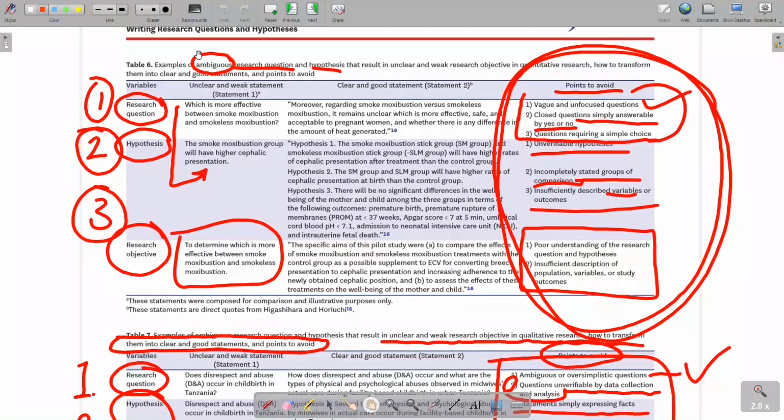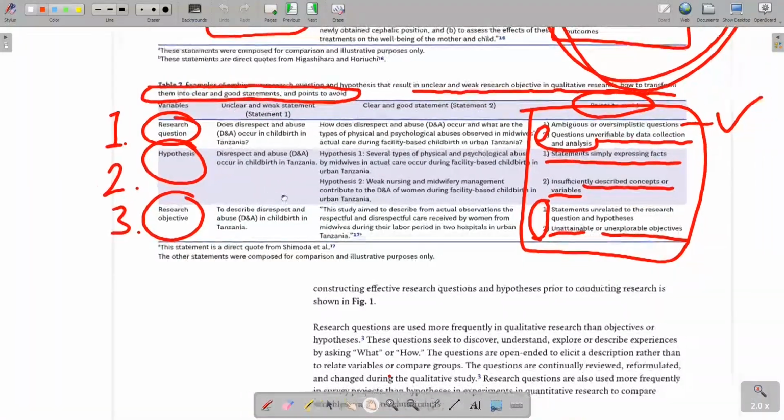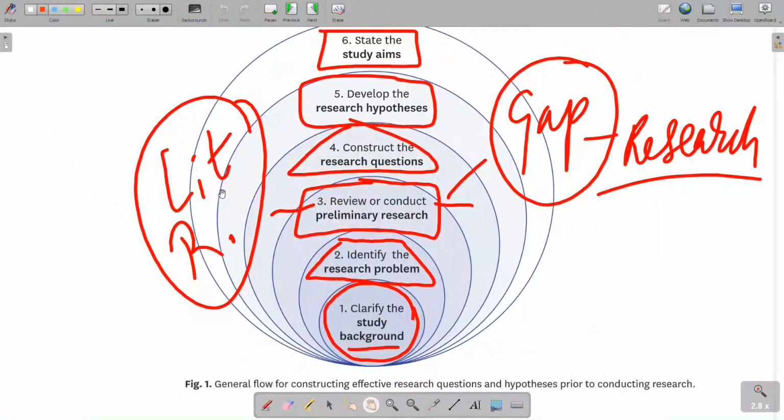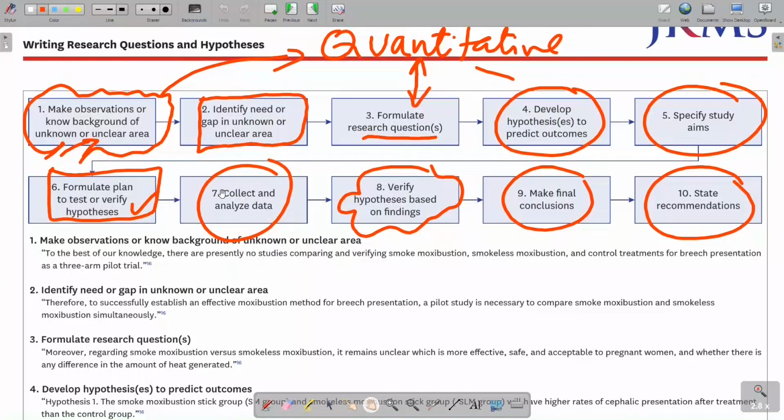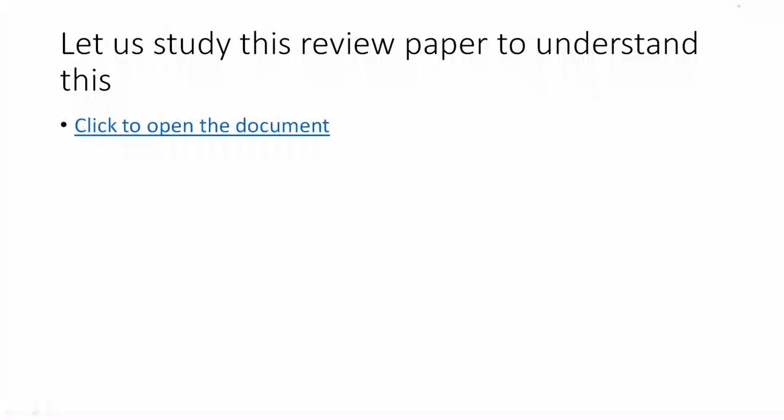Then we saw 2 examples as case studies to see what kind of simple mistakes might be committed by research scholars in framing research questions, hypothesis or research objectives. Then we saw the general flow chart from the first to the 6th step, how we move on slowly and steadily. And finally, we took a case study of a quantitative algorithm and a qualitative algorithm to see the differences in both researches.